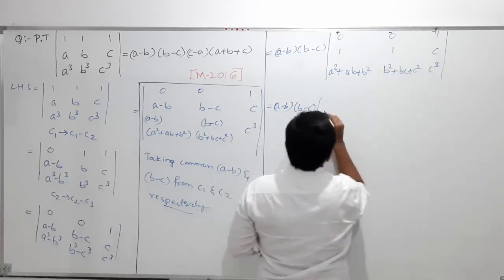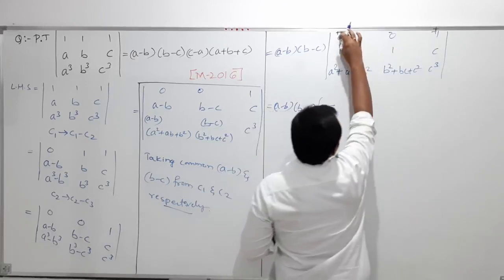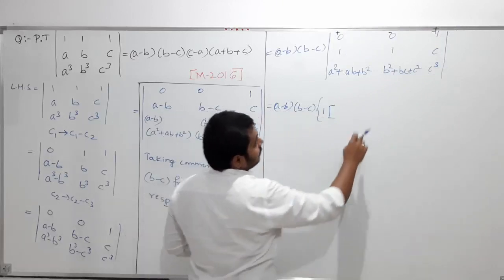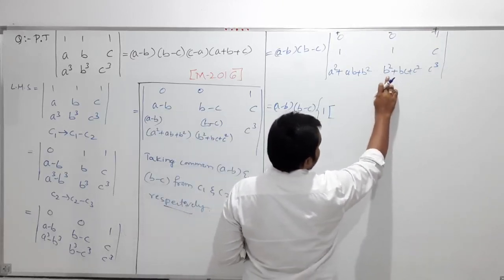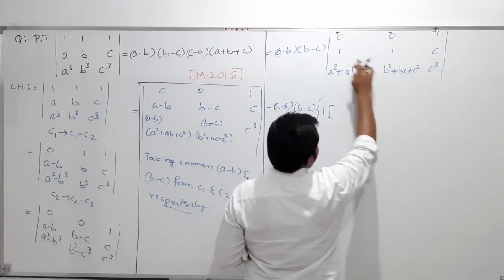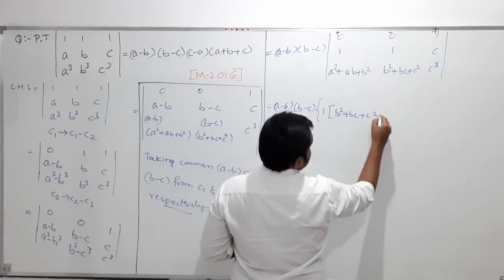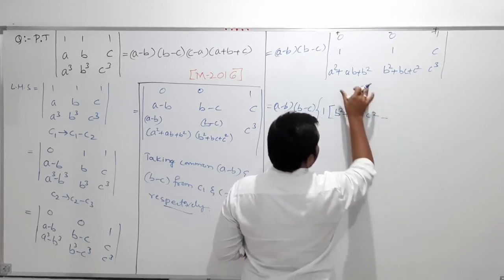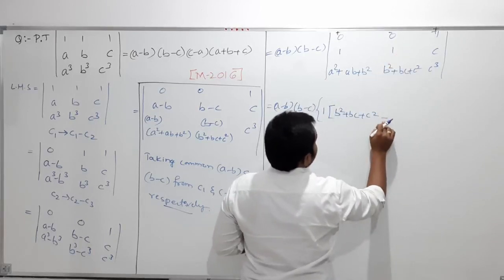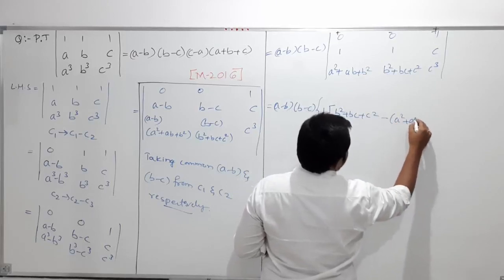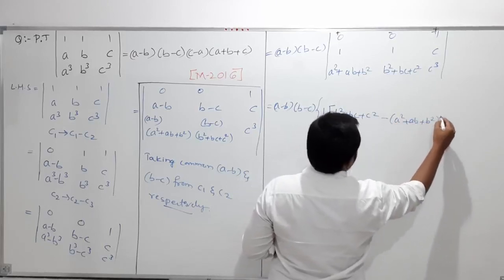So plus 1 into here, leave the first row and third column. Now find the remaining elements. The determinant we should find is b square plus bc into c square into 1, which is b square plus bc plus c square, minus this element into this element. So minus of 1 into this element, what is that? a square plus ab plus b square.